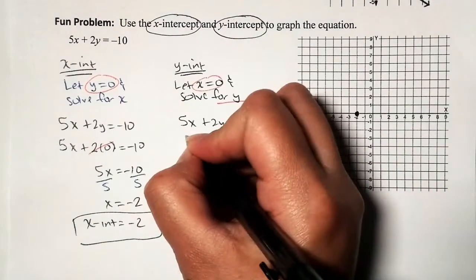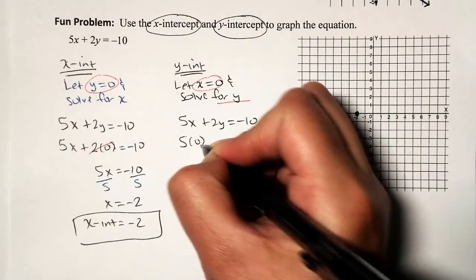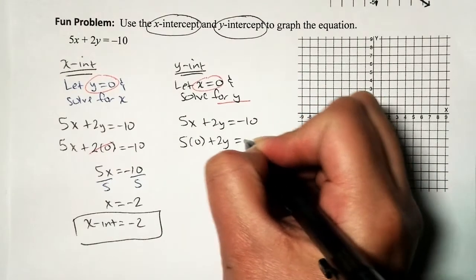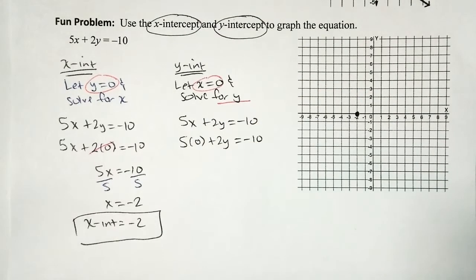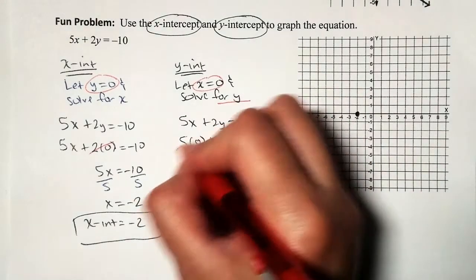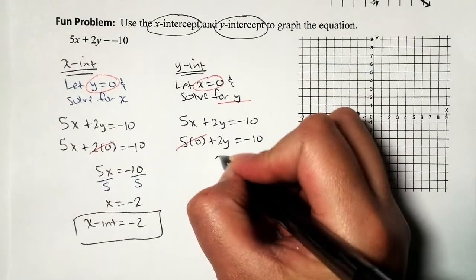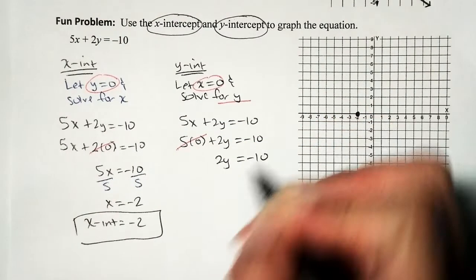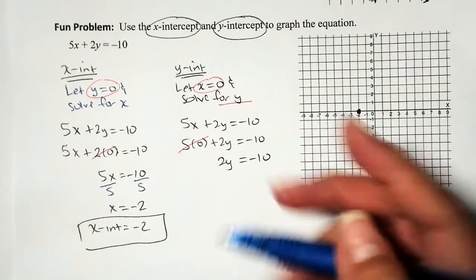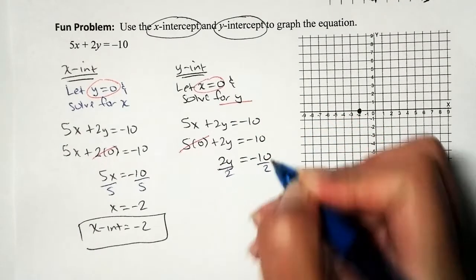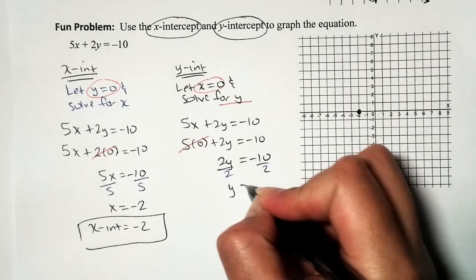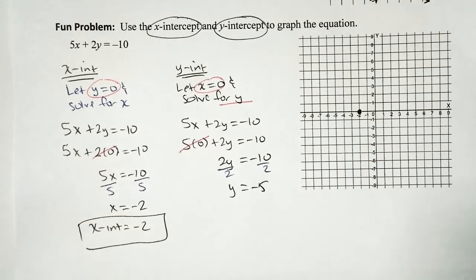So we have 5 times x, which we said is 0, plus 2 times y equals -10. The product of 5 and 0 is 0, and that will leave us with 2y is equal to -10. For the grand finale, to isolate the y, to get rid of the times 2, let's divide both sides by 2, and that will give us y equals -5.